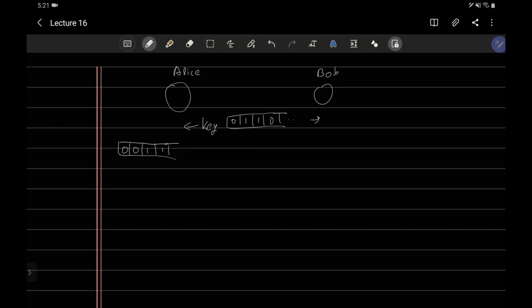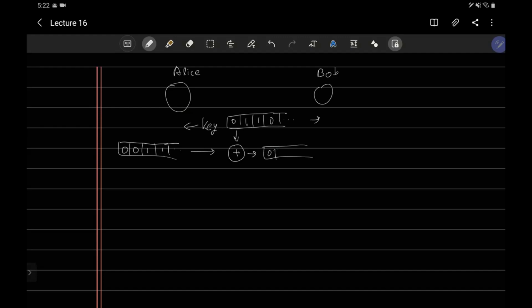What Alice does is encrypt this information with the secret key by going through the bitwise XOR. The role of the XOR is that if the key value is 0, it won't flip the original value, so 0 stays 0.